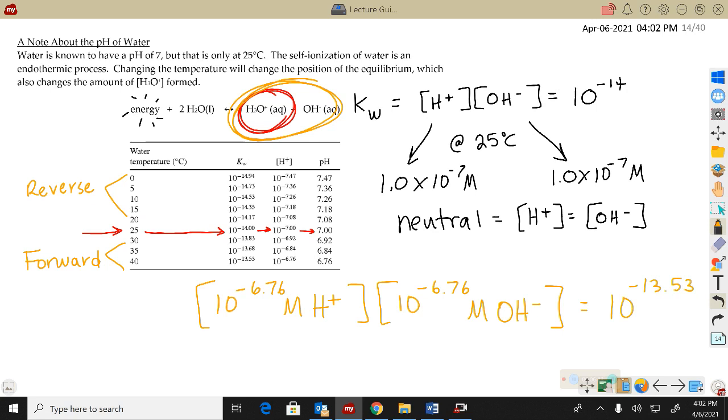The pOH would change. That depends on the amount of hydroxide, and that can change depending on whether I'm shifting more forward or reverse in response to a change in temperature. But the big takeaway is that water will always be neutral, just meaning that the hydrogen and hydroxide concentrations will always be the same, but the pH will not always be 7.